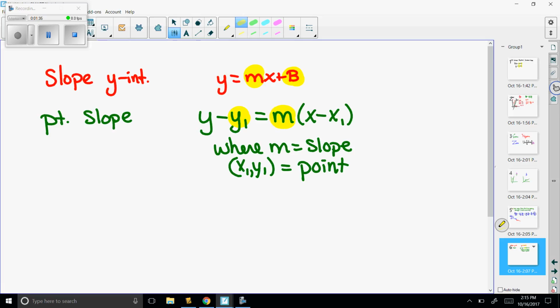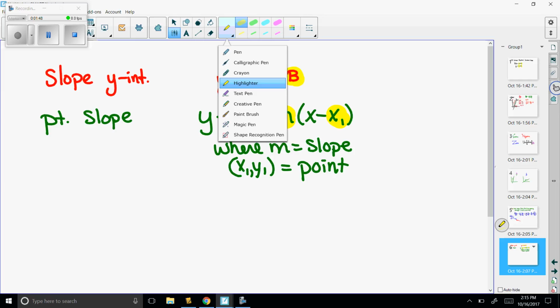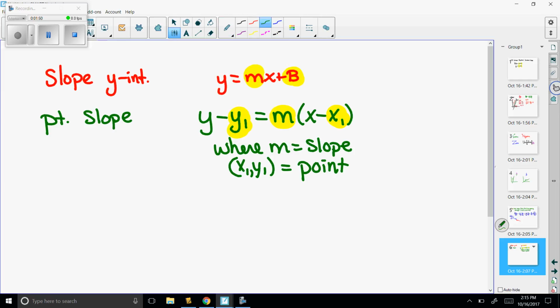And you will also replace y sub 1 and x sub 1 with numbers, which is going to be a point value you have, whatever the point may be. Now there's other forms, but right now that's just the next thing that they talk about in the book. It says the point slope form.